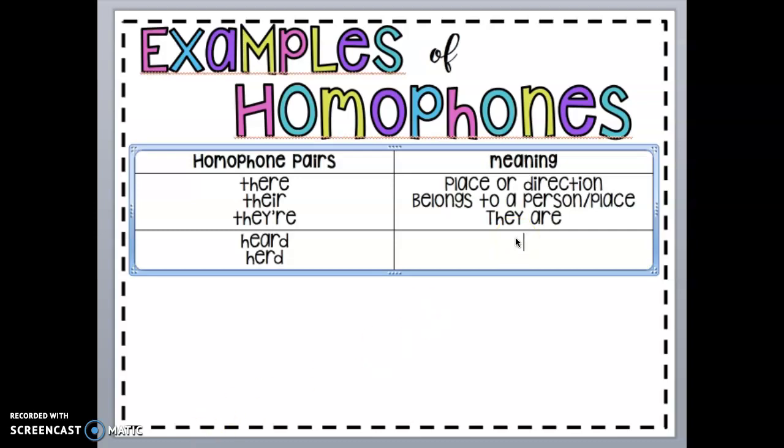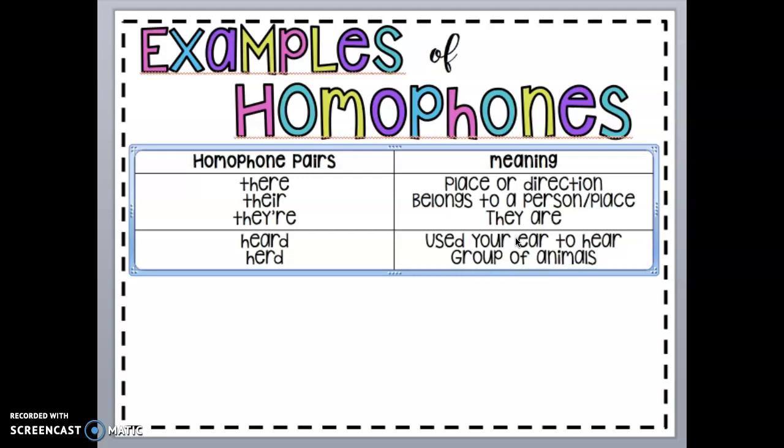So you may have overheard someone speaking, you heard it with your ear. So you used your ear to hear. Now, a herd, H-E-R-D, is a group of animals.